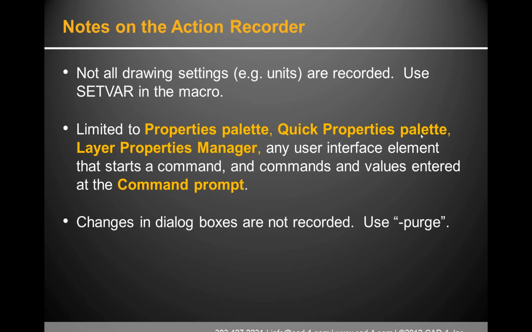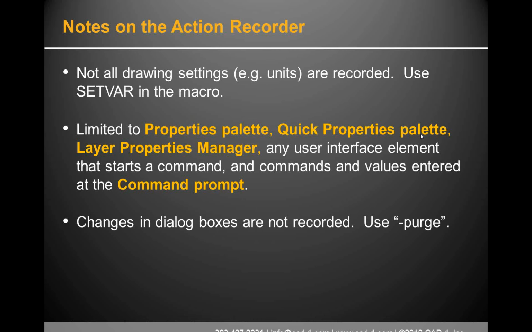The things that do get recorded though are limited to the properties palette and the quick properties palette. Depending on which of those you prefer to use, you can open the full properties palette or use quick properties, and the action recorder will record any settings changes you make in those palettes. So if you select a circle, open the properties palette and change the radius, it will record that.